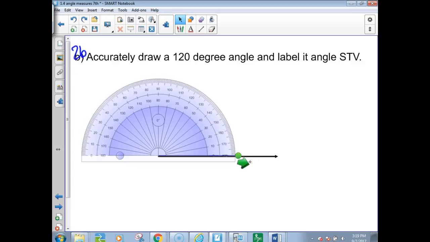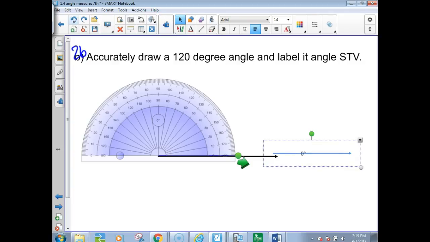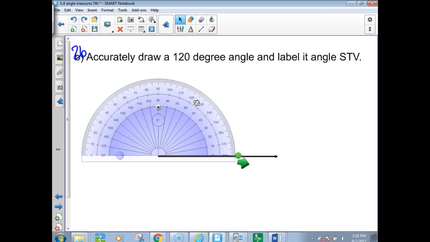Let me get rid of that. All right, then I'm going to find 120. So I'm reading the inside because the arrow's pointing to the right. 0, 10, 20, and I come all the way around till I find 120. And then I make a mark out here.